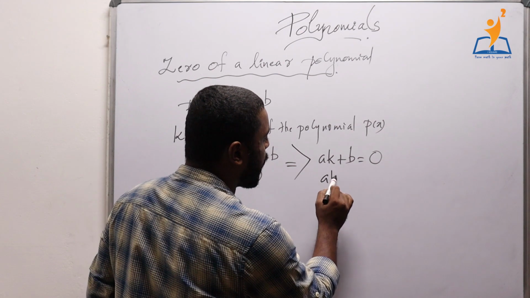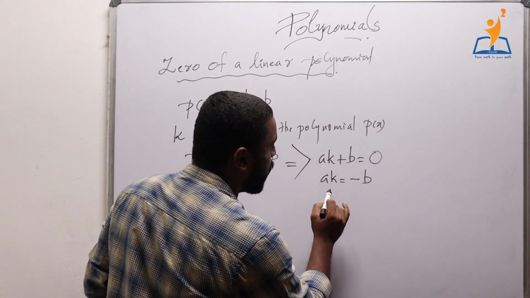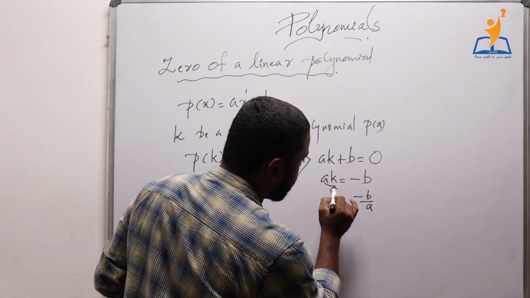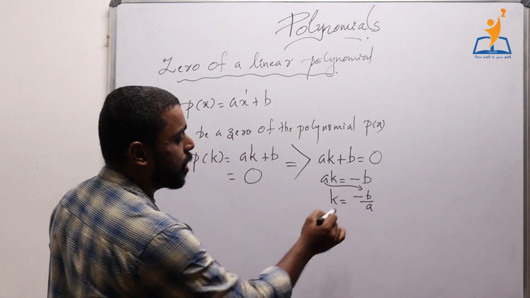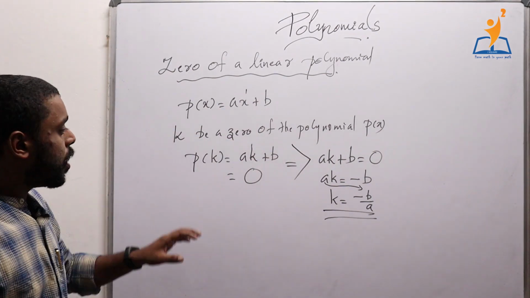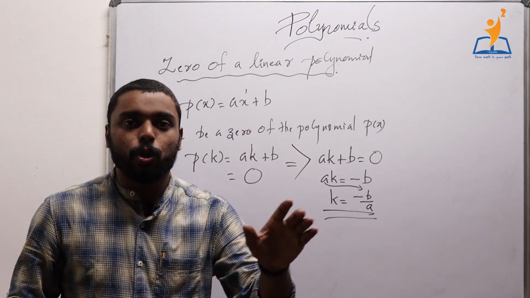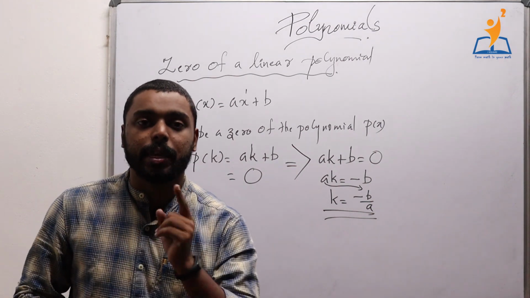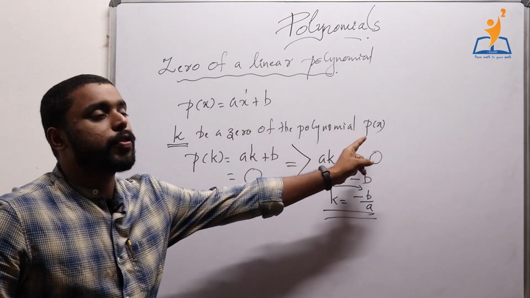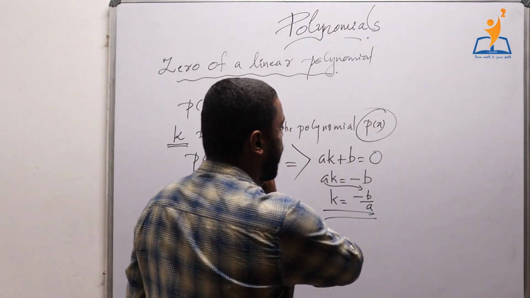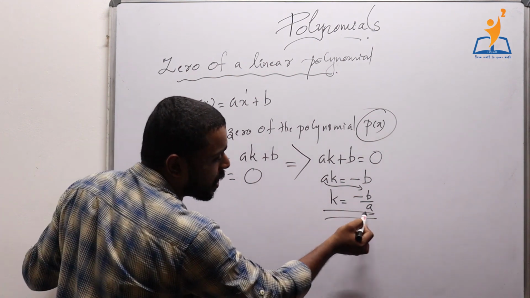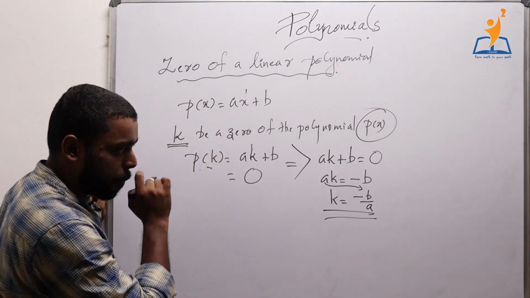So we have ak equal to minus b, and k equal to minus b by a. See, this a will go to the denominator, so we get k equal to minus b by a. What does that mean? We chose k as the 0 of the polynomial p of x, and when we solved, we got the value of k as minus b by a.